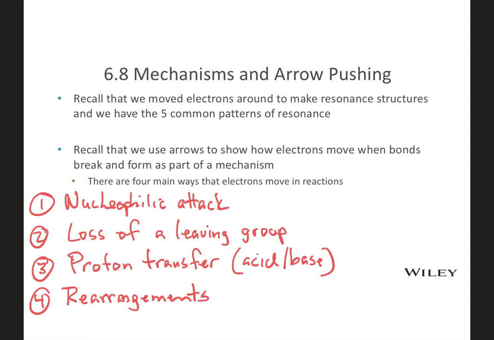We'll be looking at something called a hydride transfer or a methyl transfer in detail here during this class. And there are other kinds of rearrangements, but these are in general the 4 patterns that we're going to see. Every move we make in an organic chemistry reaction mechanism, we will be able to catalog as one of these 4 moves.